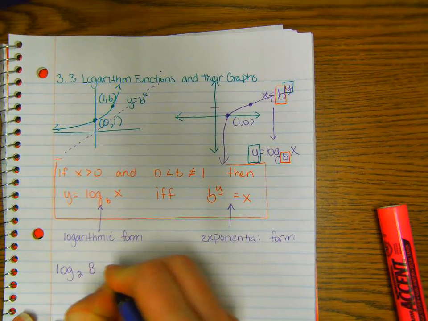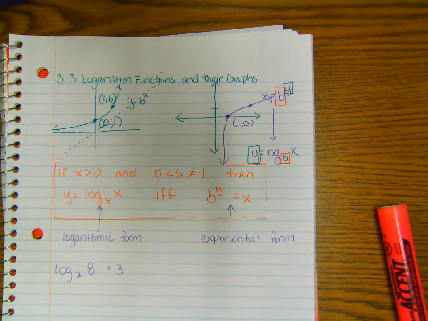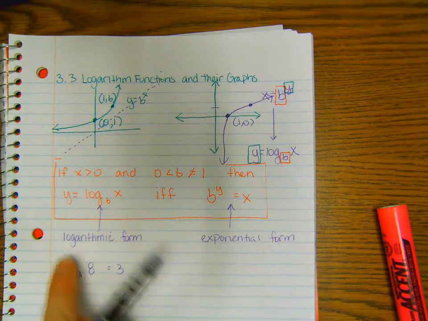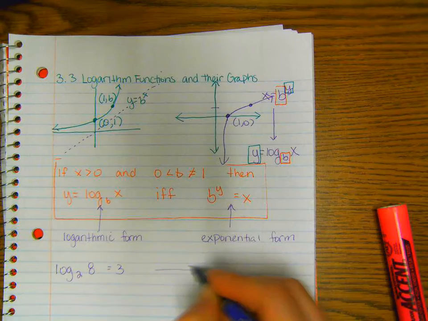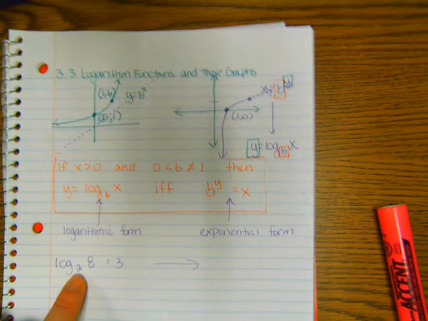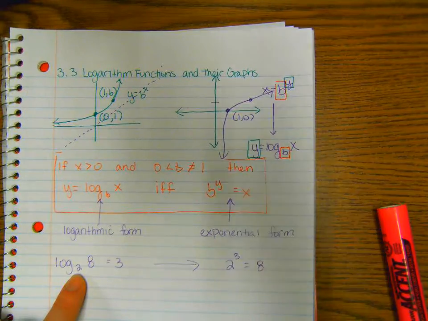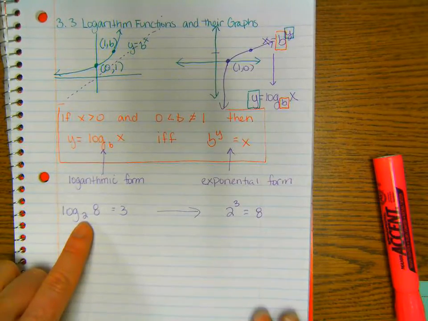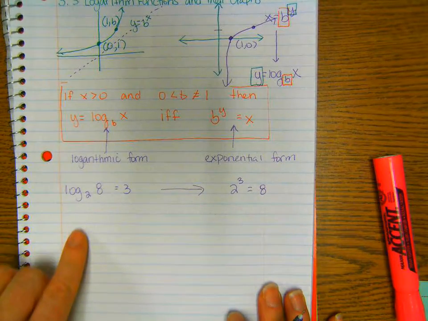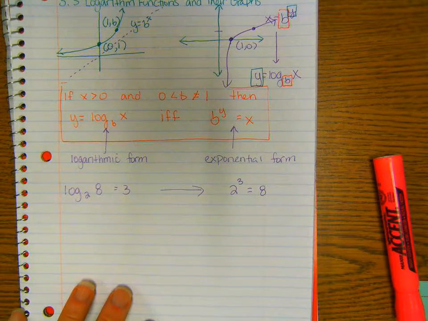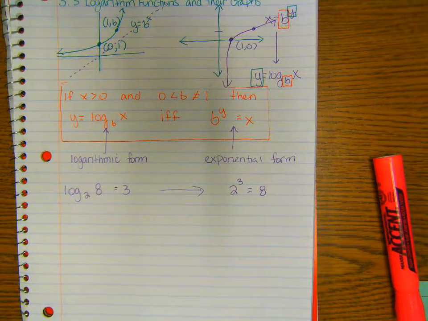Why? Because 2 to the third equals 8. Let's do the second one we did in the opener. How do you think I'd write that one? 3 to the x equals 9. What's the base of the exponent?